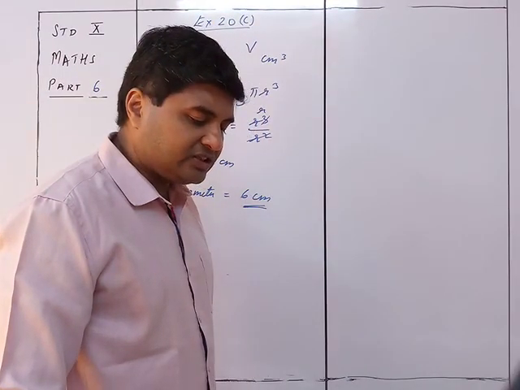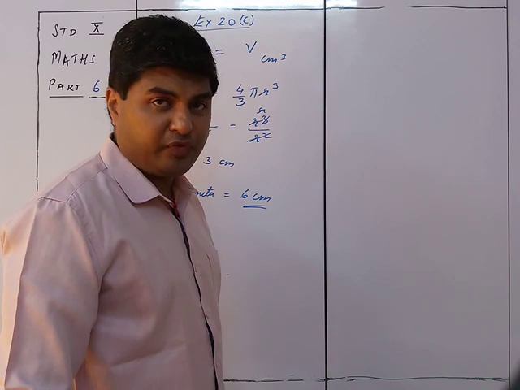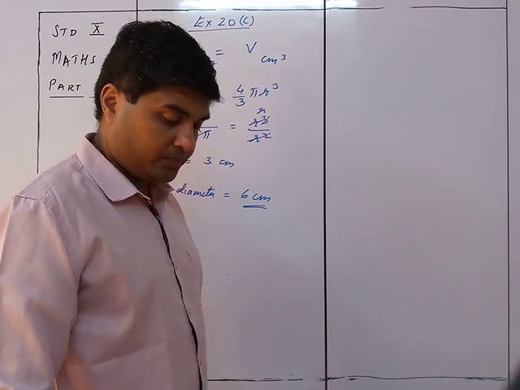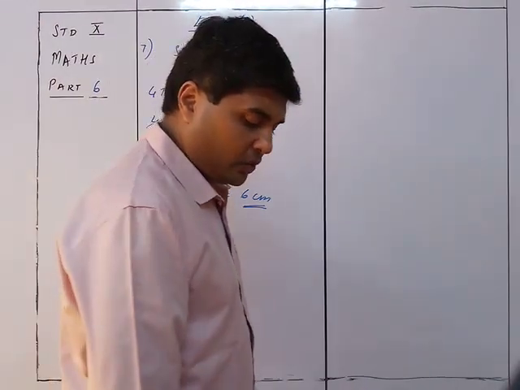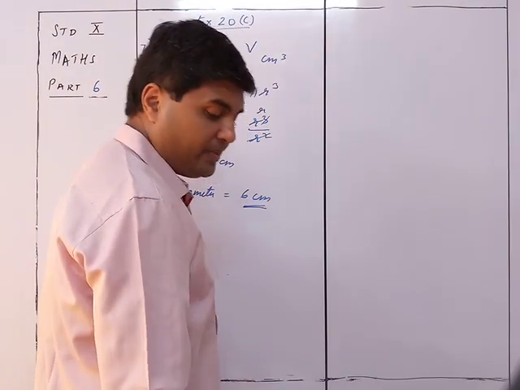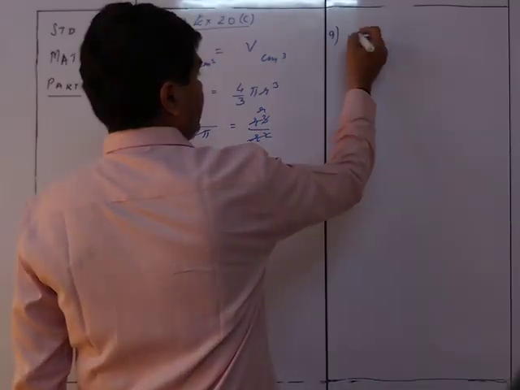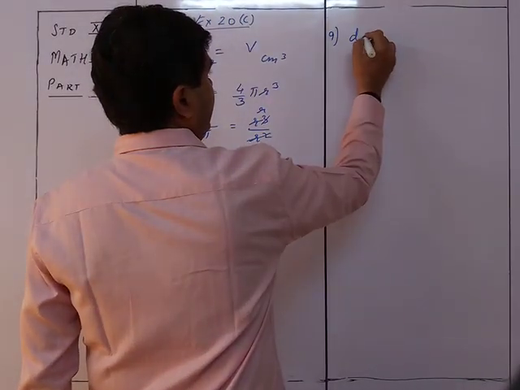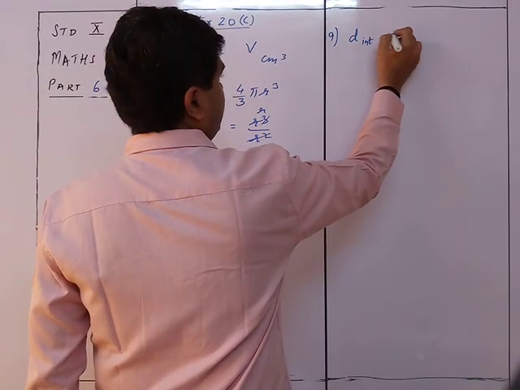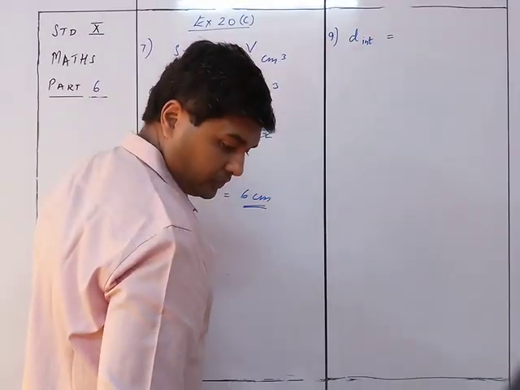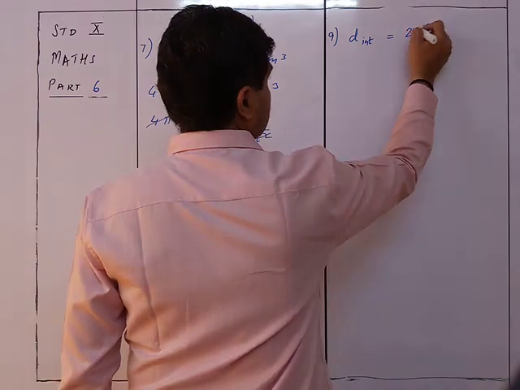The internal and external diameters of a hollow hemisphere are 21 and 28 centimeters. So it is given that d internal is equal to 21 centimeters.